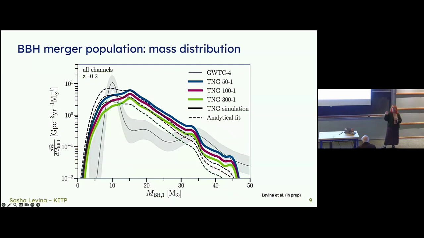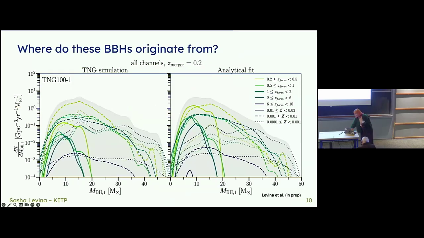And so this is fairly concerning, right? If we're going to take those analytical models and use them to represent a more detailed SFRD, this could possibly be biasing our mass distributions. And so let's take a look at where those binaries might be coming from.